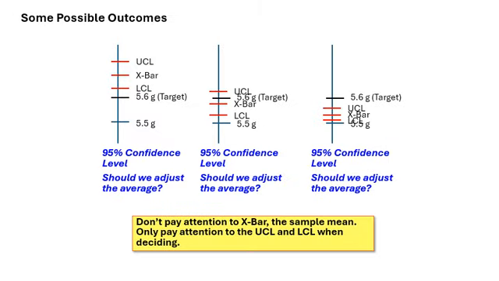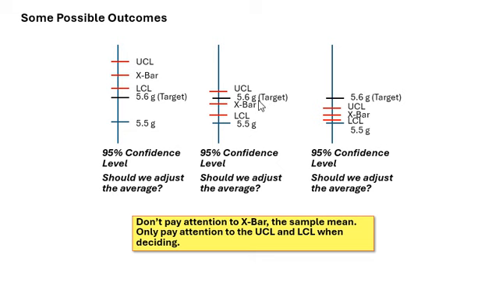Alright, so the next one here. Here are the possible outcomes. If we have a 95% confidence interval, we have to think about whether we need to adjust the average or not, because our average is right here, with the lower and the upper, and your target is outside of your interval.